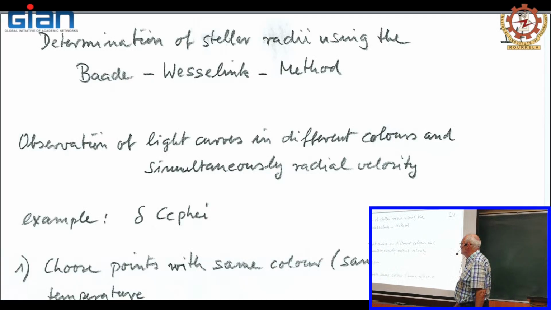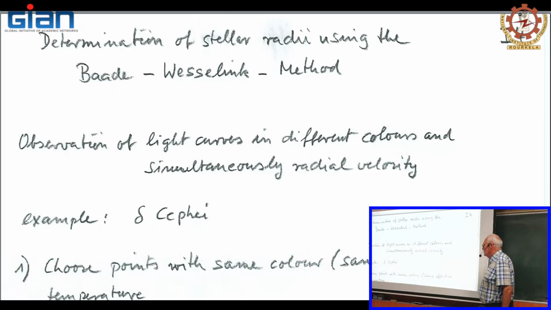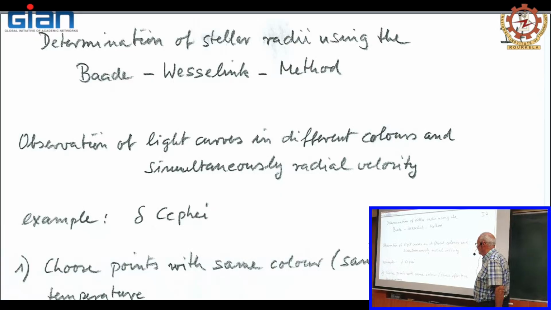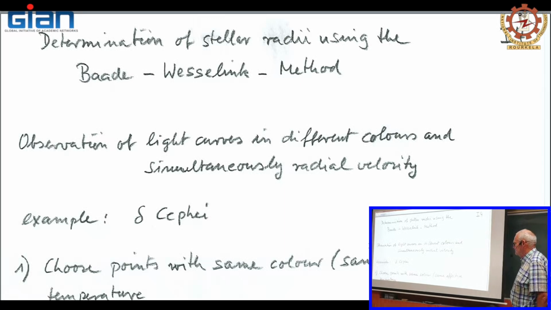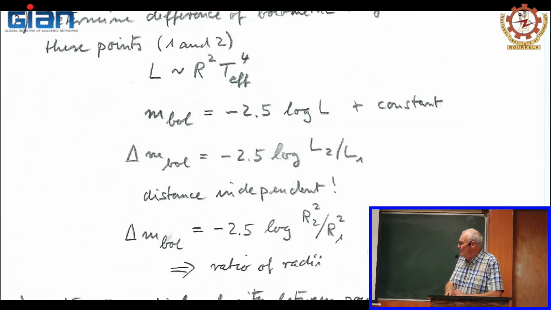So we observe light curves in different filters, and we take a spectrum simultaneously and determine the variation of the radial velocity by the shift of spectral lines.